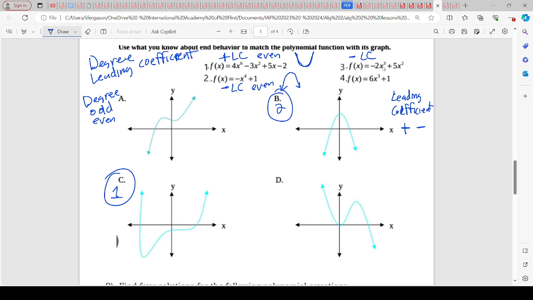The degree, just in case you forgot, is the highest exponent that you got for your variable. So in this case, it's 3. So that's odd. So when we got a leading coefficient that's negative and an odd degree, what do we got? We got starts high and ends low. Starts high and ends low. So that puts me at D.